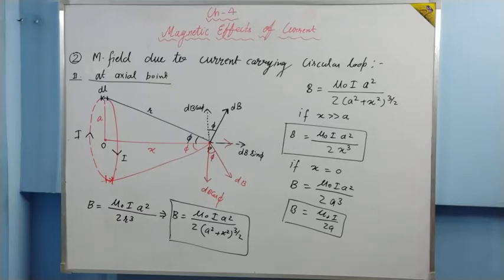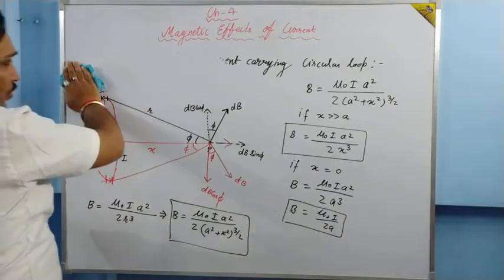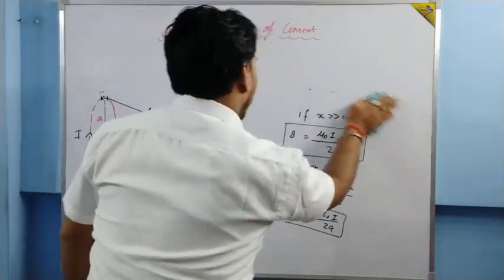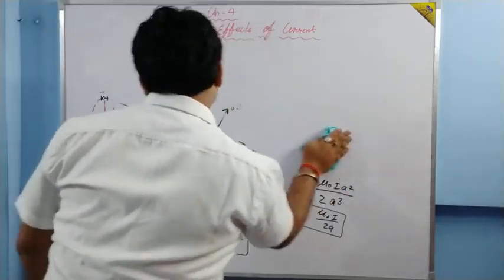Okay, so this is the magnetic field due to a current carrying circular loop. Sometimes what happens, we are not provided the complete loop. We are provided only some part of the loop, not the complete loop. So because of the arc, how can we calculate the magnetic field? Let us see.